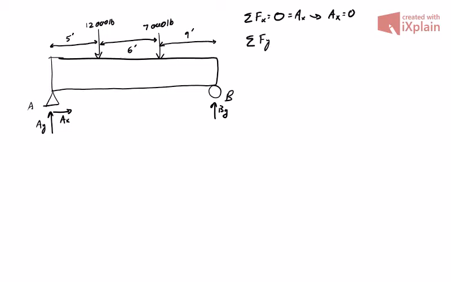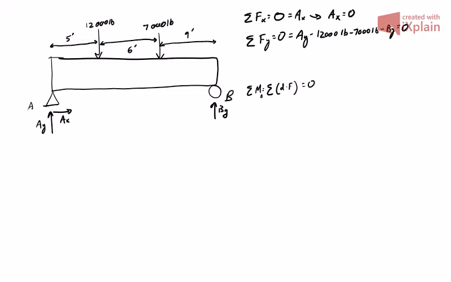Next, we have the sum of the forces in the Y direction is equal to 0. That's equal to AY minus 12,000 pounds minus 7,000 pounds plus BY is equal to 0. One equation, two unknowns, so we need to do our moment equation. So we're going to do the sum of the moments, sum of D times F, is equal to 0.